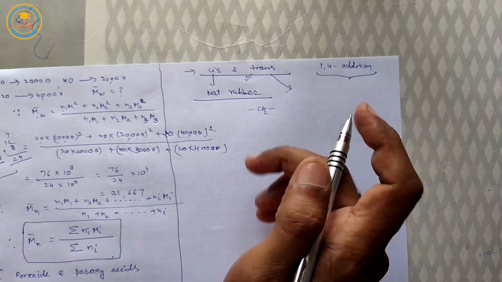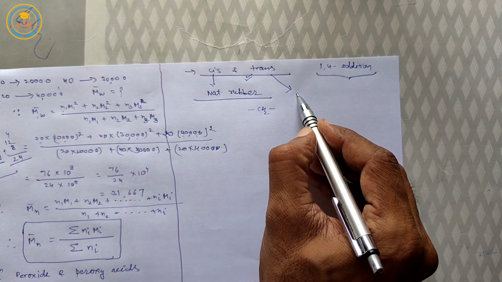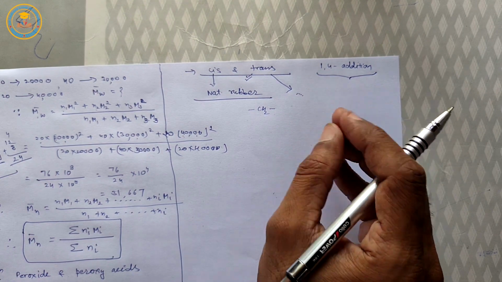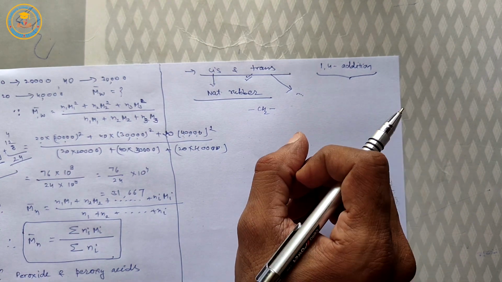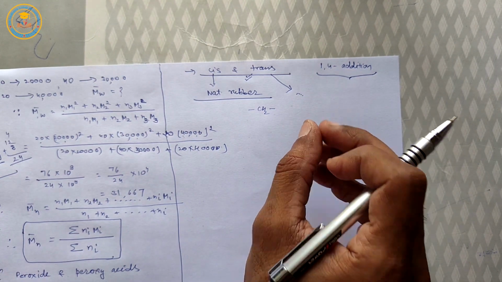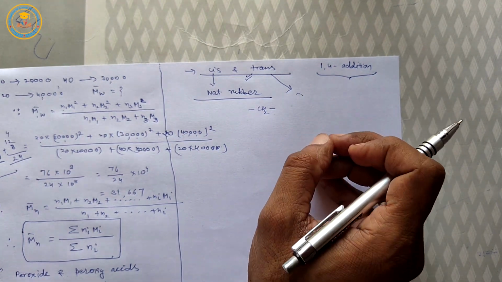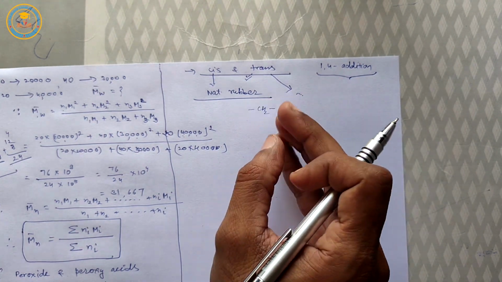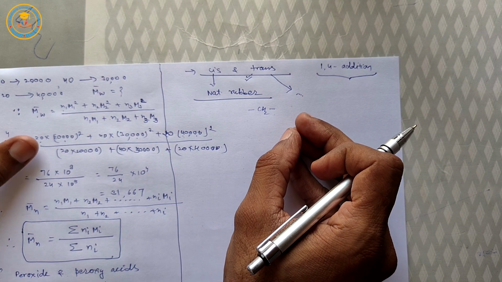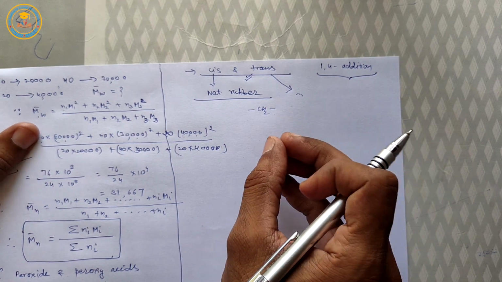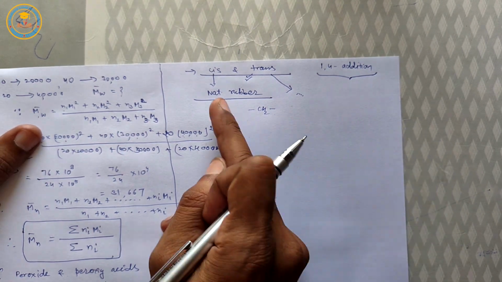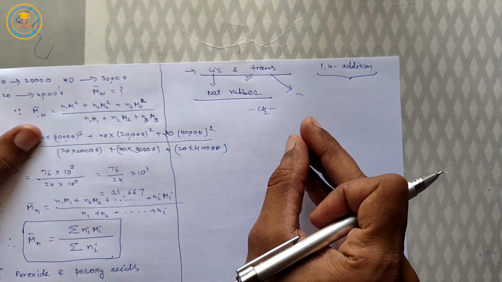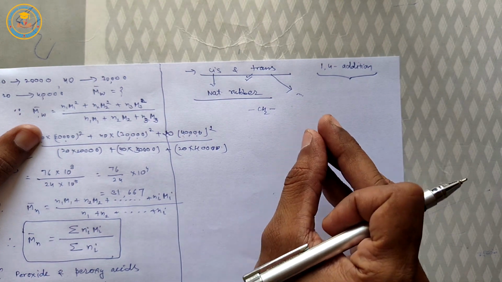Gutta Percha is represented as follows. I repeat, we have discussed the structure of natural rubber and Gutta Percha in our previous online class.